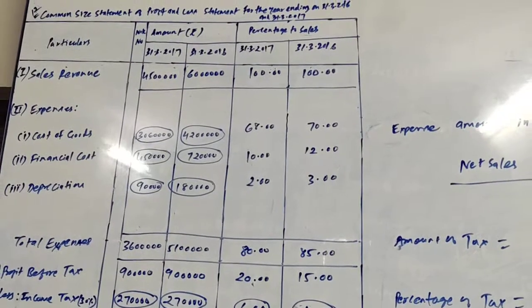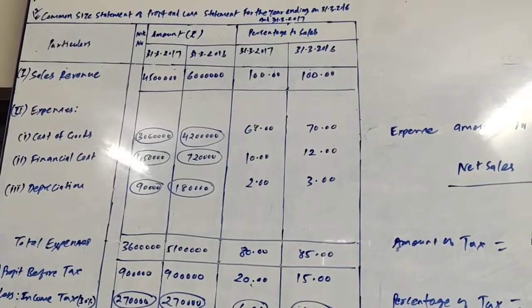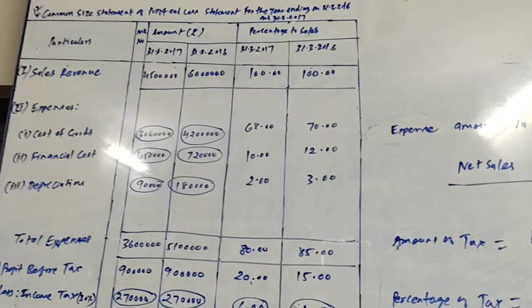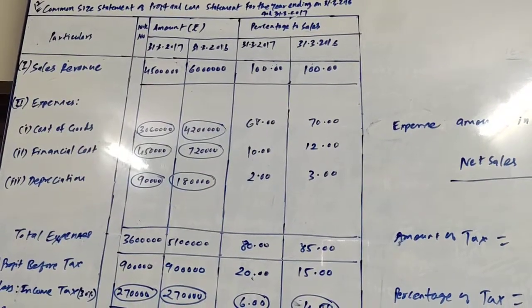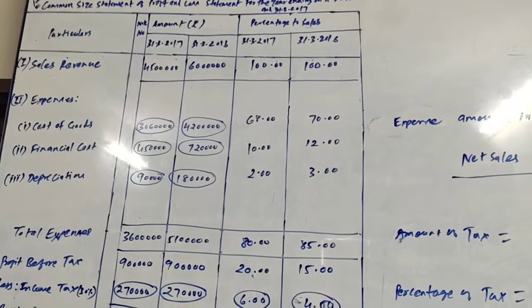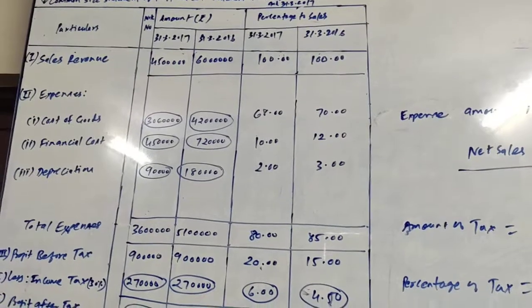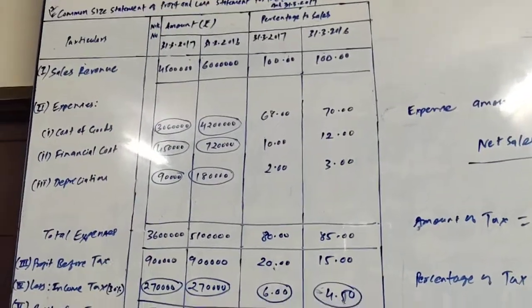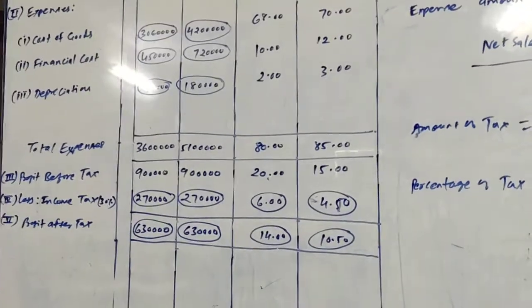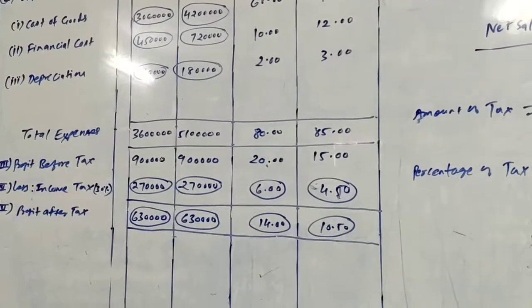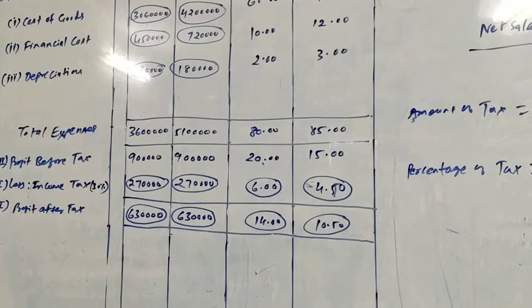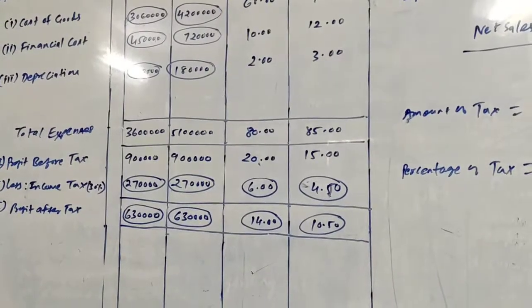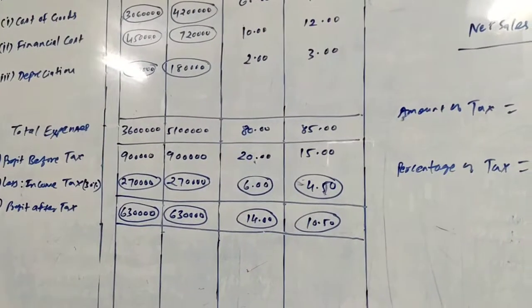The same way, financial cost was 12% in the year 2016, and in the year 2017 it is 10%, so it is also decreased by 2%. And depreciation, it was earlier 3% of sales, now it is 2% of sales, so it is also decreased, right? Overall total expenses, earlier 85% of sales, now it is 80% of sales, so there is a decrease of almost 5%, right?